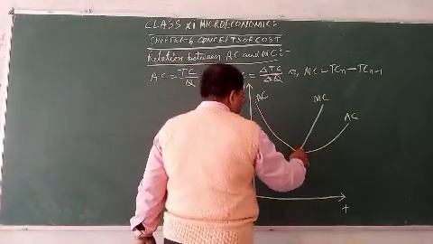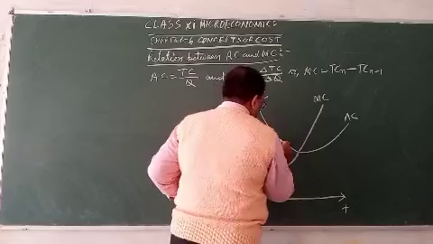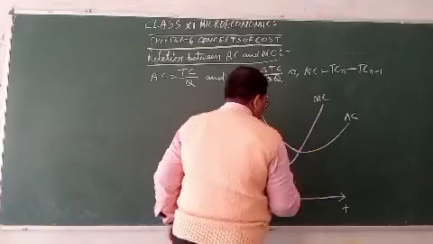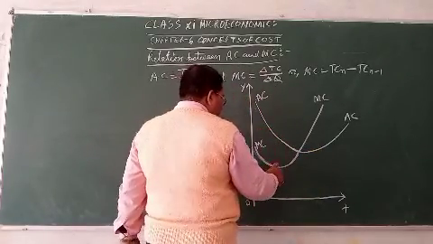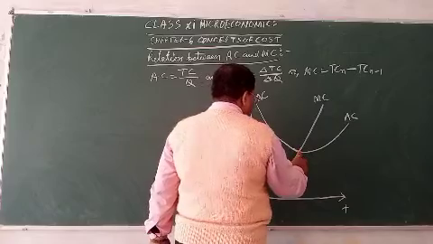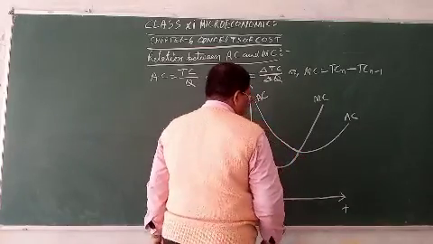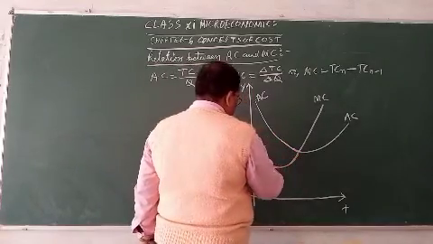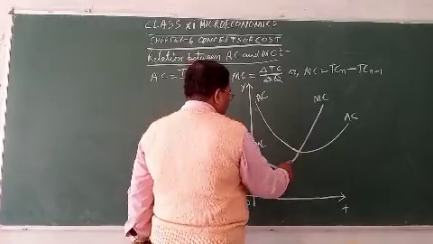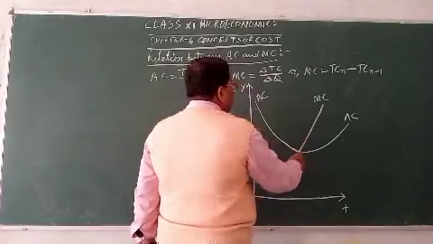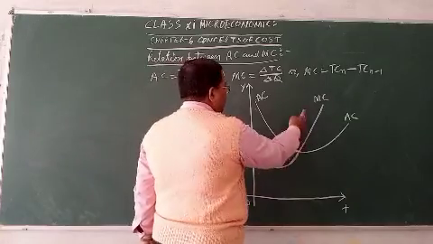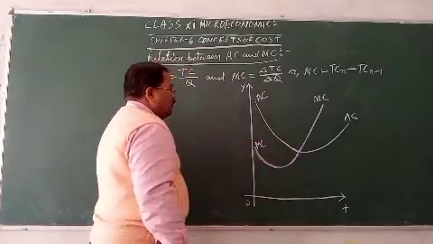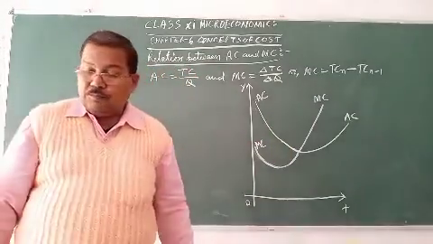AC is at its minimum and the rising MC is cutting at AC's minimum point. That is, when AC is at minimum, the rising MC will cut it at its minimum point, and after it, MC is greater than the AC. MC is rising fast and AC is slow.